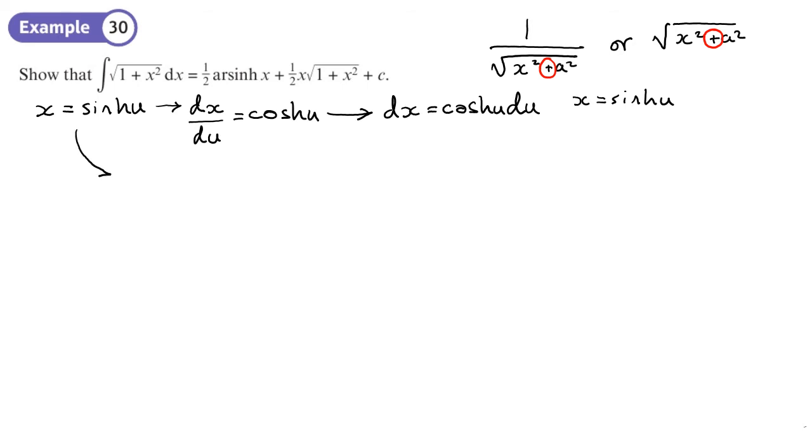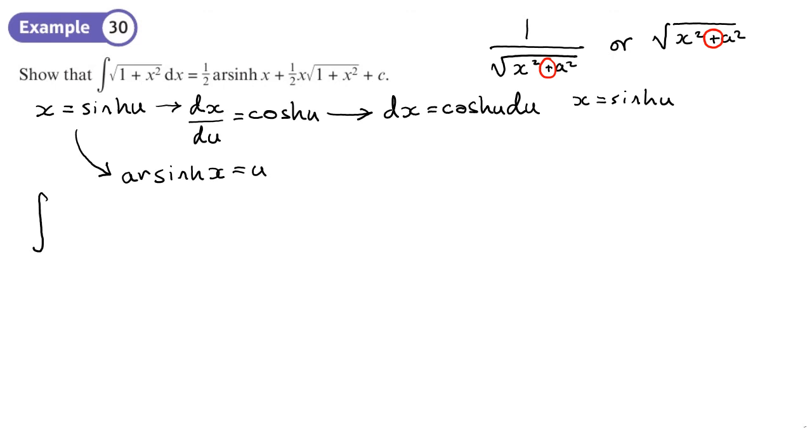From here, if we do arcsinh to both sides, we end up with arcsinh x equals u, and that's going to be useful right at the end. Right, so let's start. Let's do our substituting.